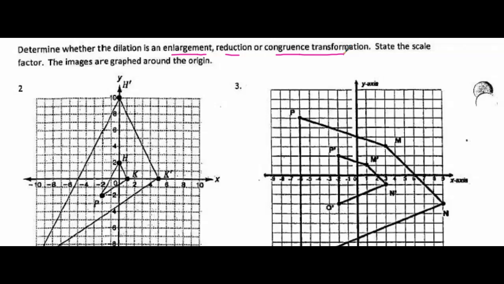So you need to remember from the front of your notes, scale factor, and it said to always take the image, I, over the pre-image, P. Remember I said, I remember the alphabet, I comes before P. So there's 2 ways to do this, and I'm going to show you one way on number 2 and a different way on number 3.